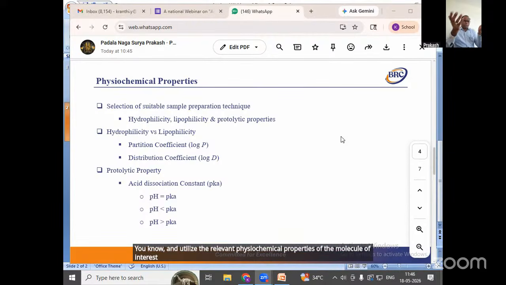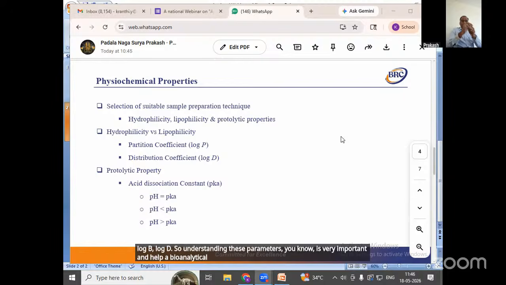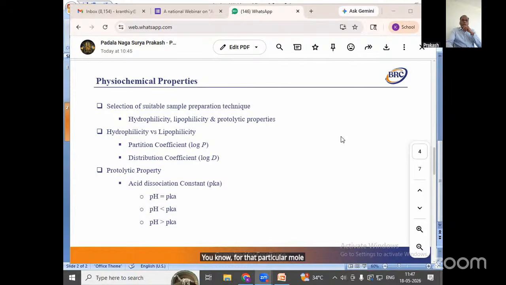These include, but are not limited to, hydrophilicity, lipophilicity, and proteolytic properties such as log P and log D. Understanding these parameters helps a bioanalytical scientist choose the most suitable preparation technique and the associated experimental conditions for that particular molecule.